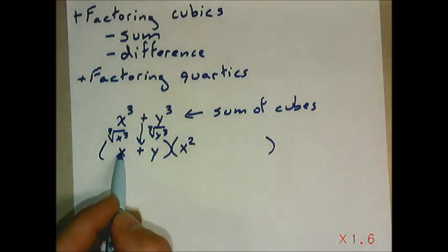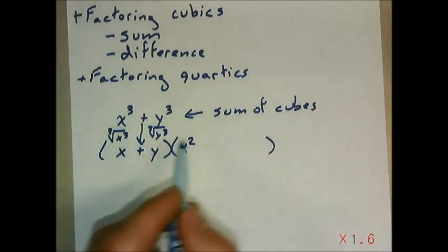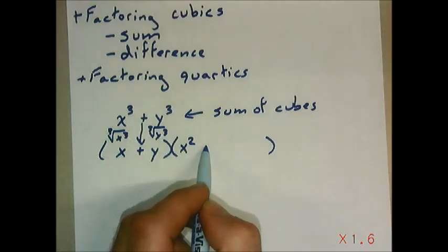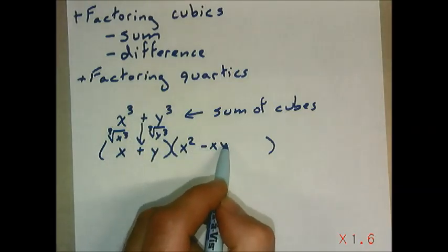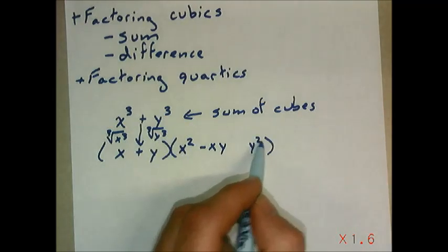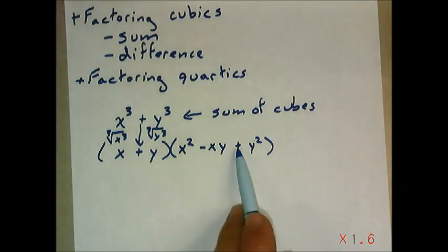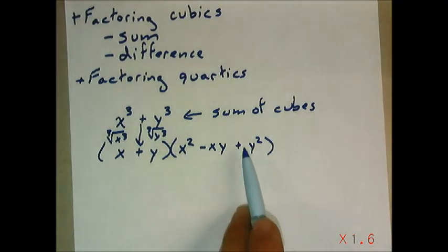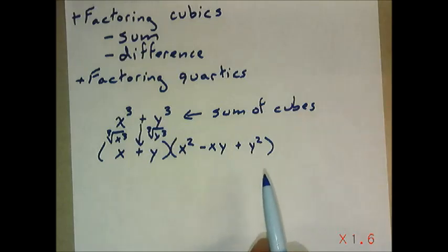So if I have a positive x times a positive y, I get positive xy, but I'm going to change its sign so I get a minus xy. And finally, I'm going to multiply the last term to itself. So I get y times y, or y squared. Our last term will always be positive, since we multiply a number to itself, we always get a positive number.